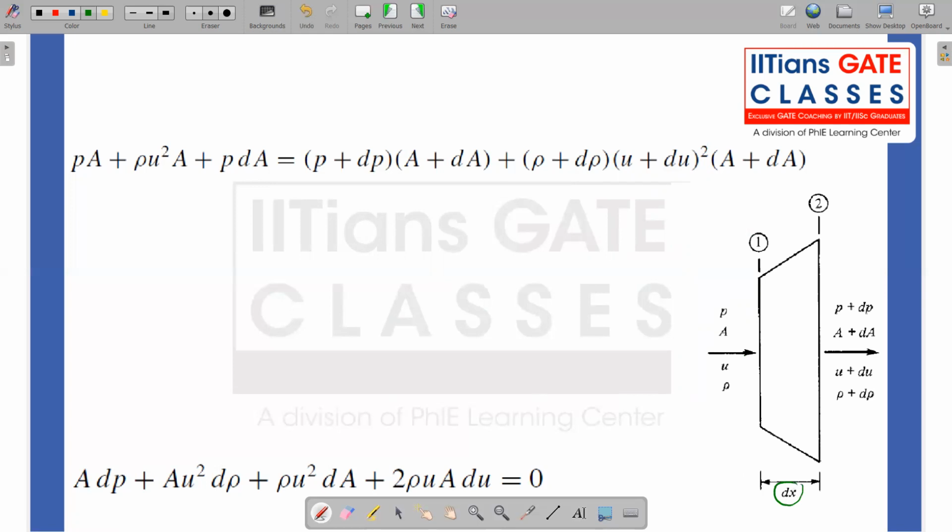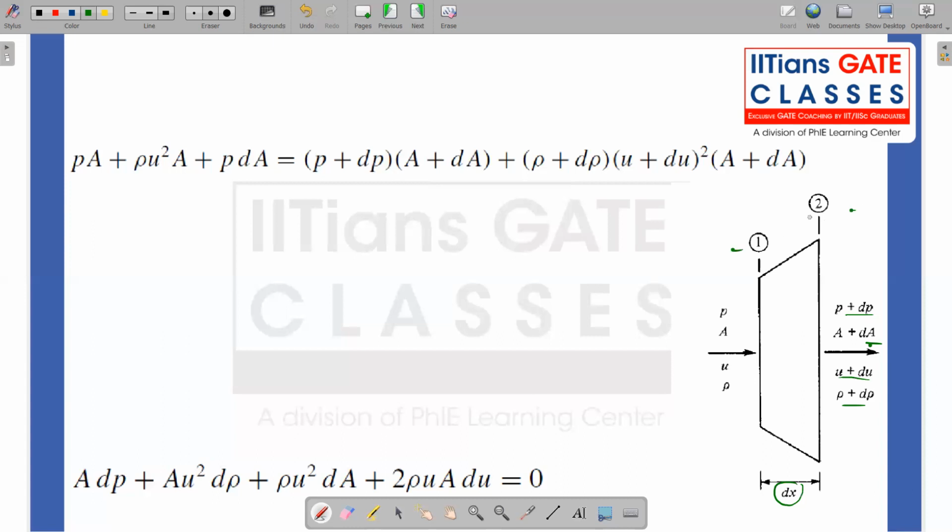Within this, the area is changing by A plus dA, pressure by P plus dP, velocity u plus du, density rho plus d rho. So in the differential volume, the quantities which change are also differential, changing by a small amount within that small distance through which the flow is traversed.